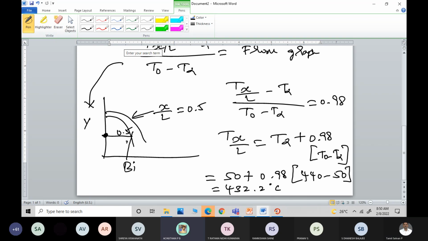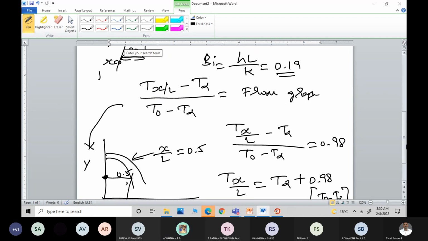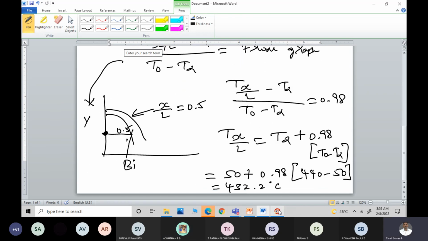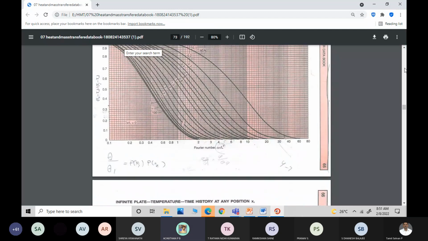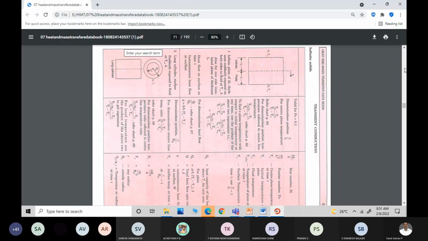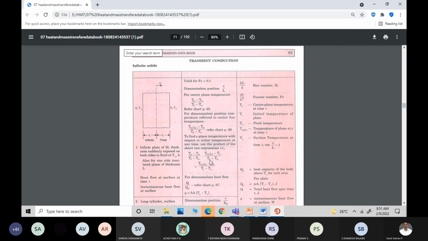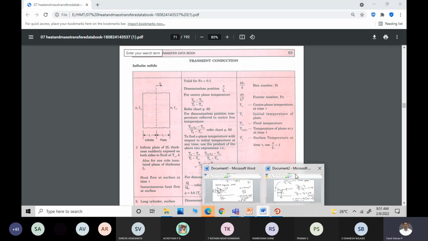T naught is 284 degrees C. T naught is the central line temperature, not the initial temperature. That is a good answer, what he said is right.